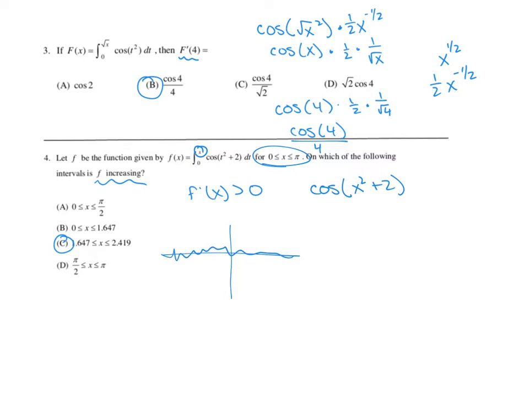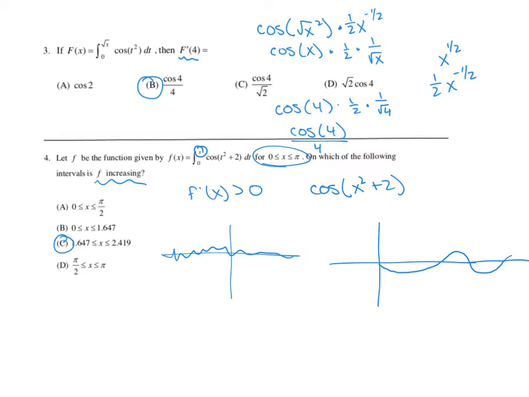And then when you graph it, it looks a little bit smoother. Kind of goes like this a little bit. So if we want to know where f is increasing, I want to know where this derivative is positive.